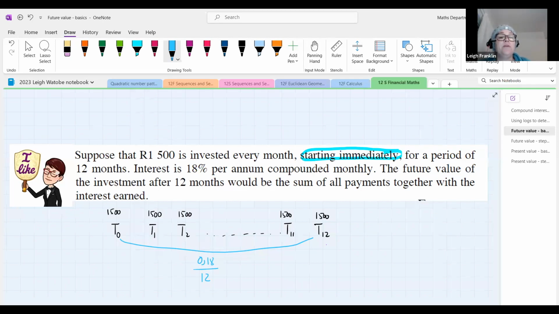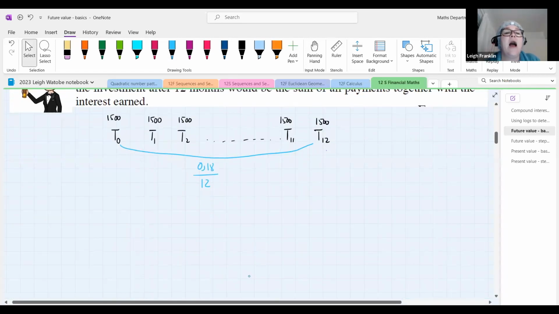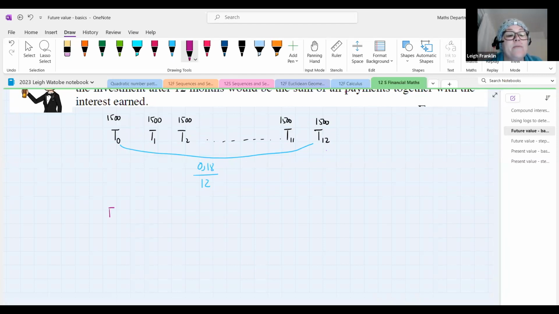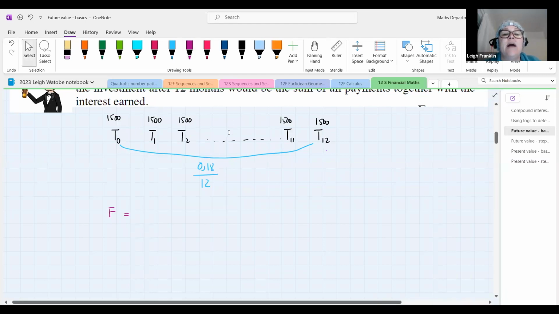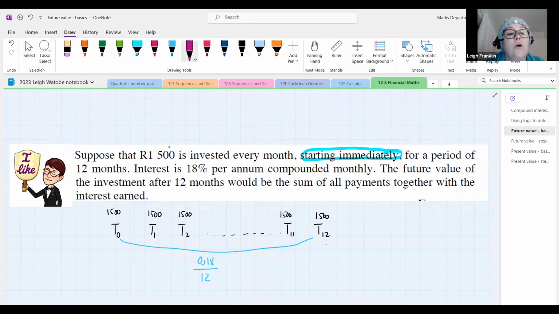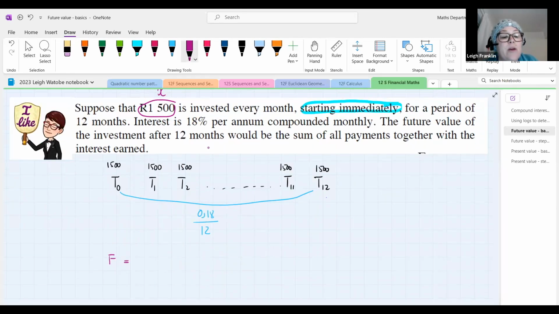The future value of the investment after 12 months would be the sum of all the payments together with the interest earned. So subbing that into our future value formula, they are asking us to calculate F. Our X is our regular payment or installment, so that would be 1,500 times (1 plus our interest rate, 0.18 over 12).